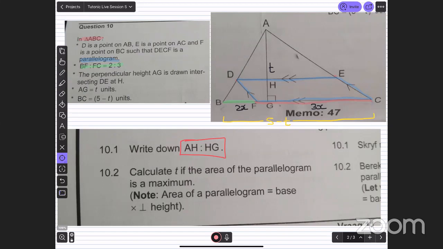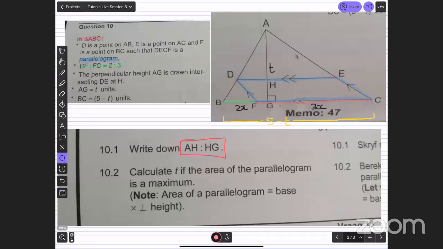So basically, what I want to know is, can we start connecting these other sides here? Can we apply any of the theorems? Which sides are parallel here? First, tell me the parallel sides.